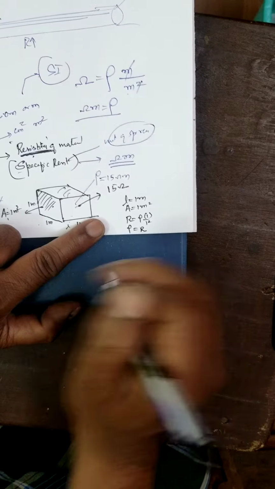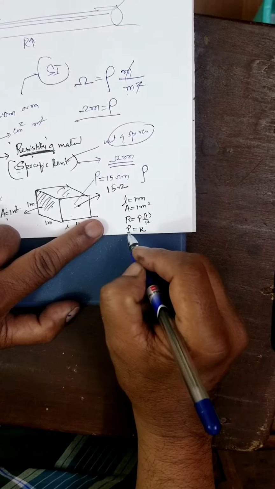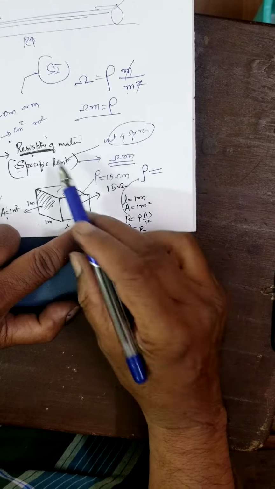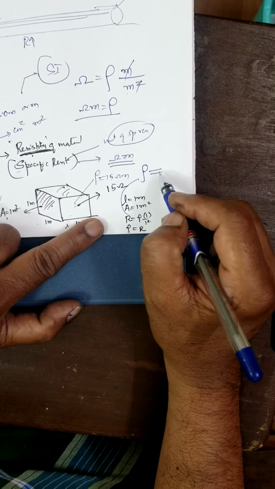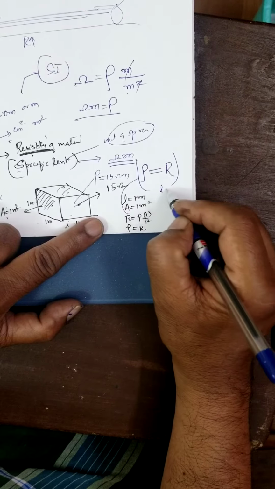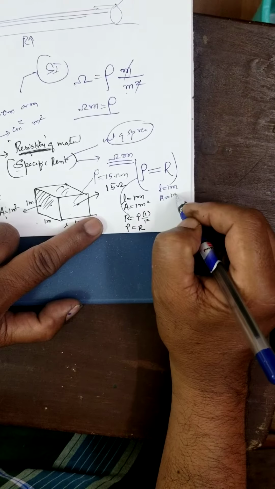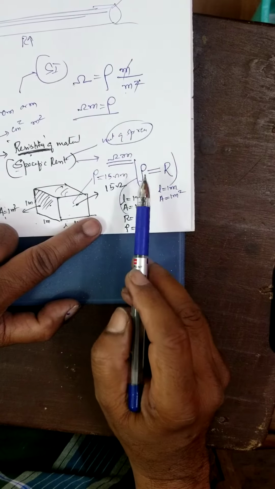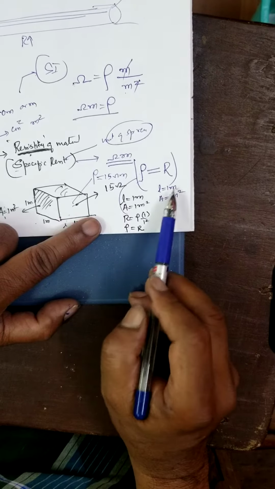Rho is equal to R. Therefore, resistivity, that is specific resistance of the material, is numerically equal to the resistance of the material of length 1 meter or unit length, and 1 meter square area or unit area. Therefore, specific resistance of the material is numerically equal to resistance of the material of unit length and unit area of cross section.